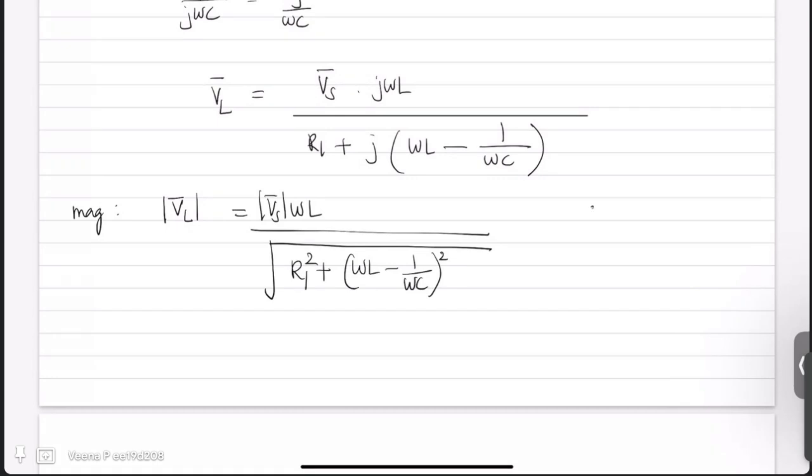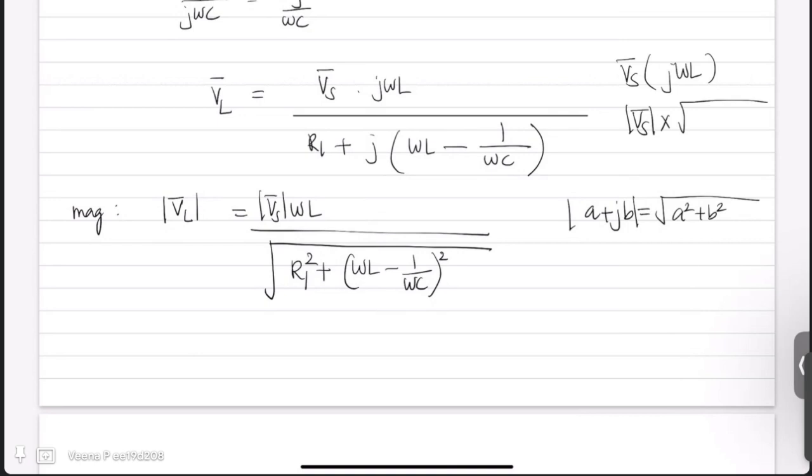For a phasor or a vector of the form a plus jb, the magnitude is under root a square plus b square. So in the numerator, the real part is 0. So it is 0 plus j Vs omega L, or Vs if you take outside, Vs into j omega L. Magnitude is magnitude of Vs times under root 0 square plus omega L square, which is nothing but omega L itself.